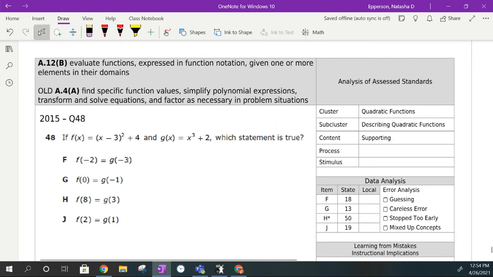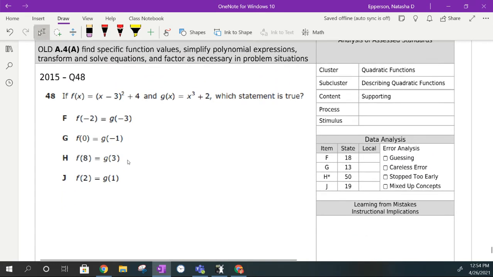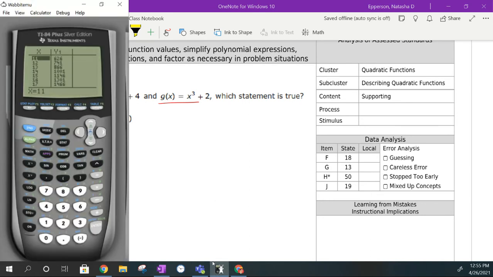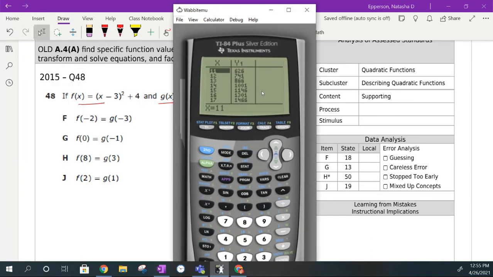Last question. We've got these two functions, the first function f and then the second function g. Which statement is true? Okay, so I'm going to go ahead and put both of my equations in. I'm going to go to y equals. I'm going to clear it.